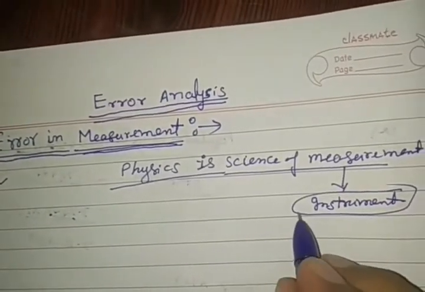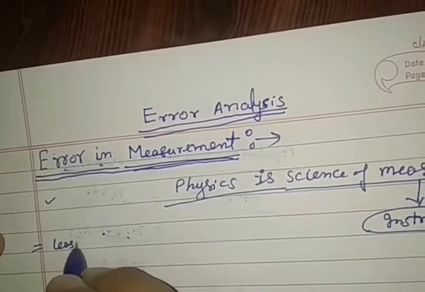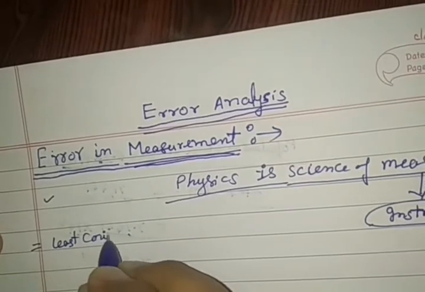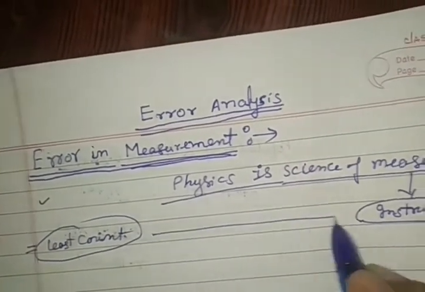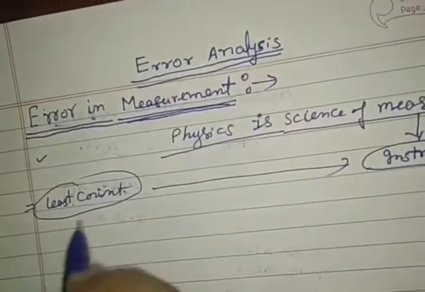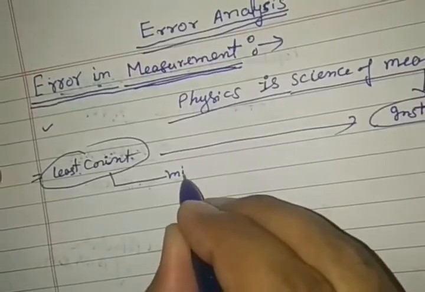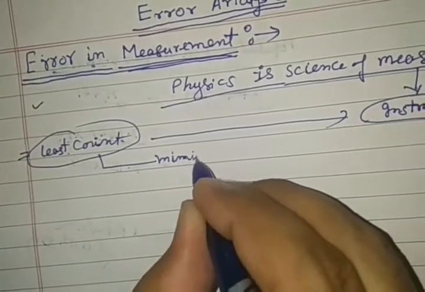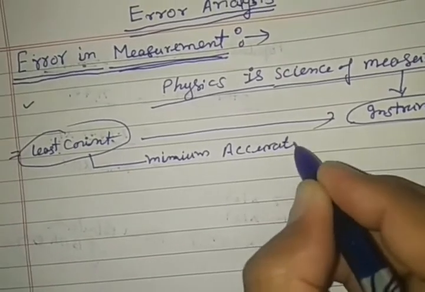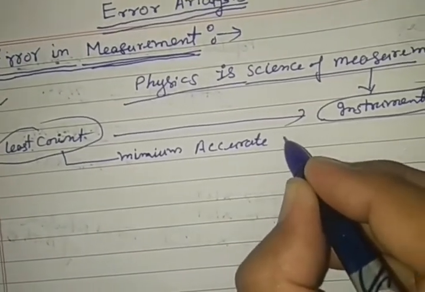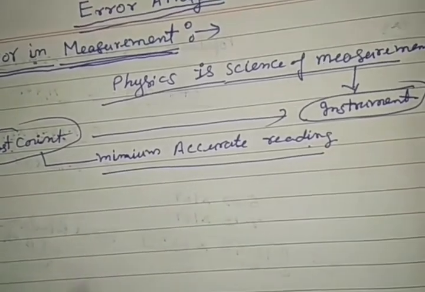In an instrument, there is one term, least count, the least count of the instrument. Here, least count is the minimum accurate observation, reading or observation by the instrument.